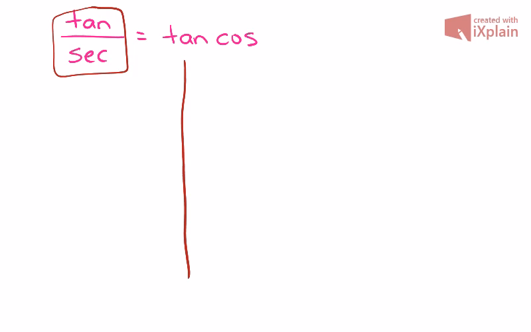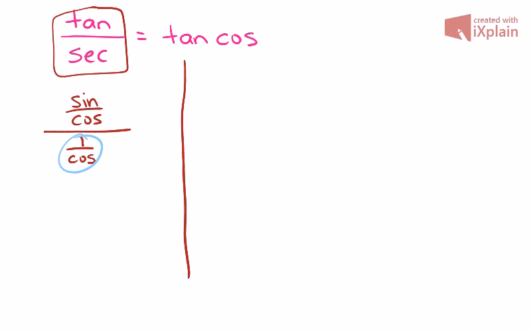Okay, look over towards the right at the top. Tangent, we want to change to sine over cosine. And that is all over secant, which is 1 over cosine, which is also on your identity sheet. When you divide with fractions, you always take the bottom and flip it.